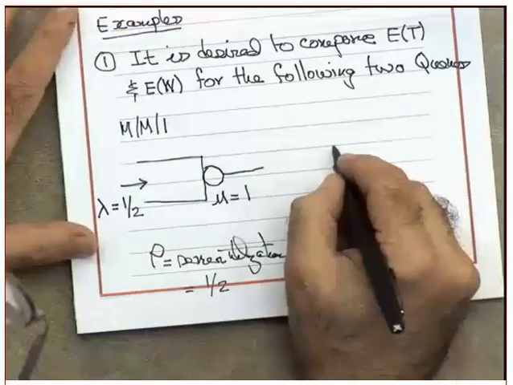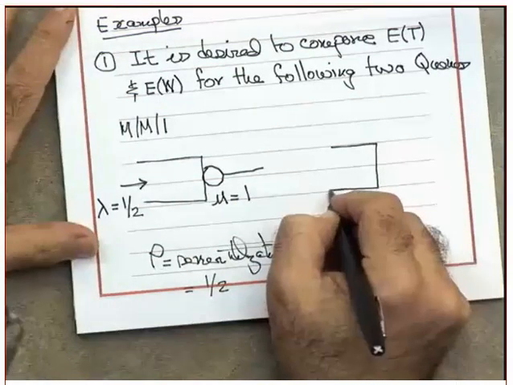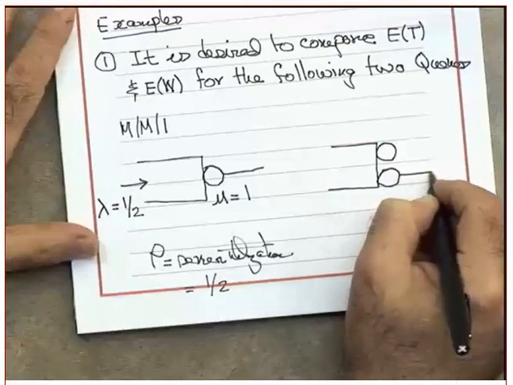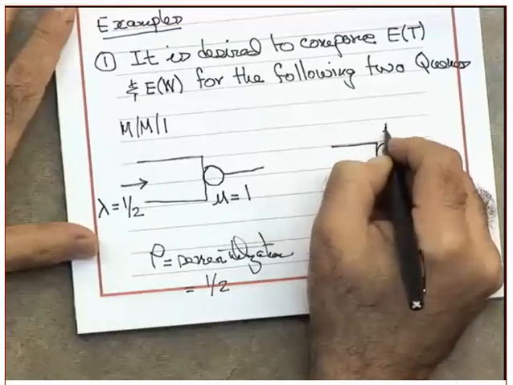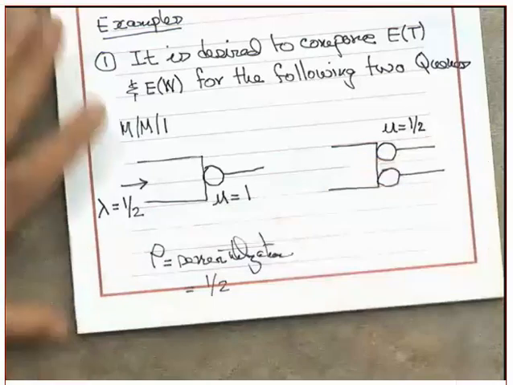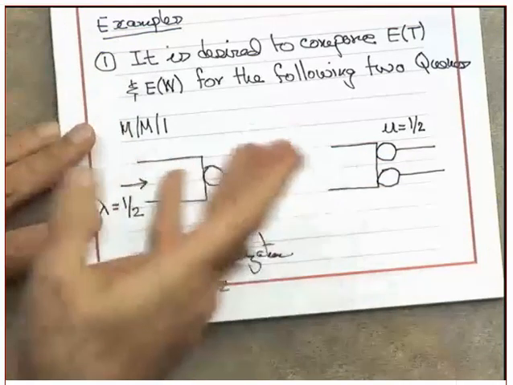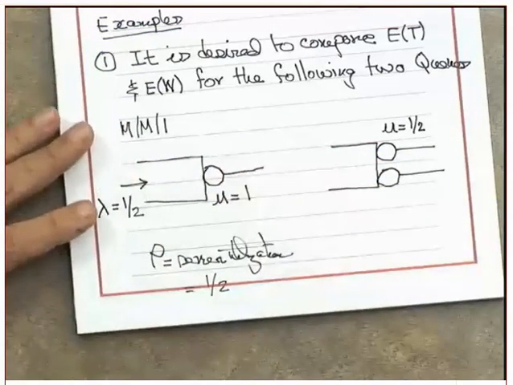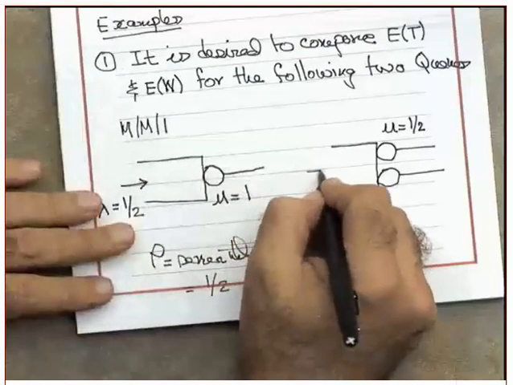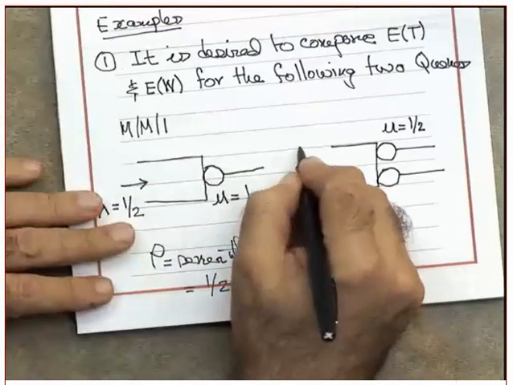I'm going to replace it with 2 servers, each one at a rate of 1/2. Which means each of these servers is faster or slower? Slower. The arrivals, however, is the same.